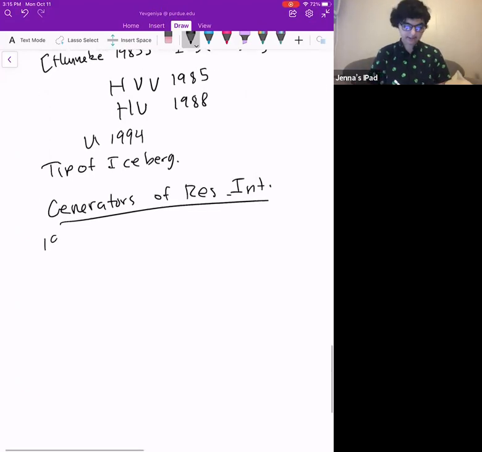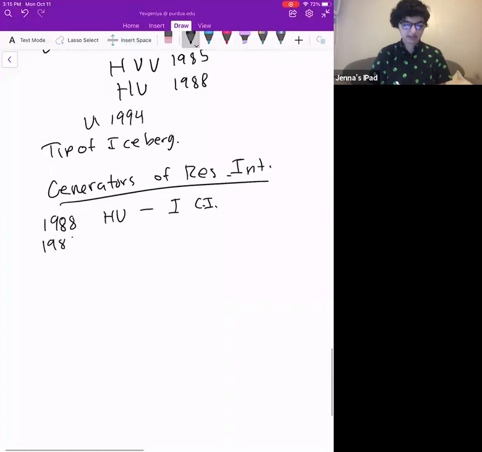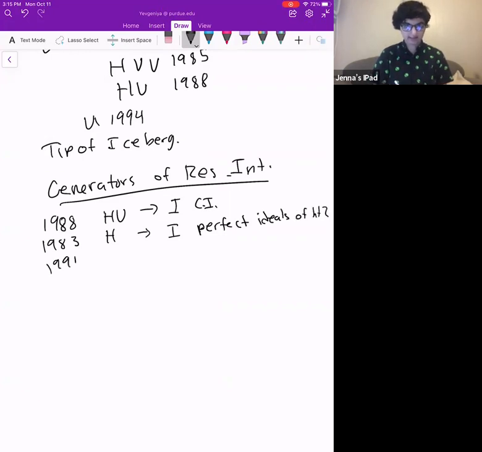For instance, in 1988, Huneke and Ulrich found a computation for when I is a complete intersection. In 1983, Eisenbud found a computation for I is a height 2 perfect ideal. In 1991, Kustin and Ulrich found a computation for when R mod I is Gorenstein, and the height of I is 3.